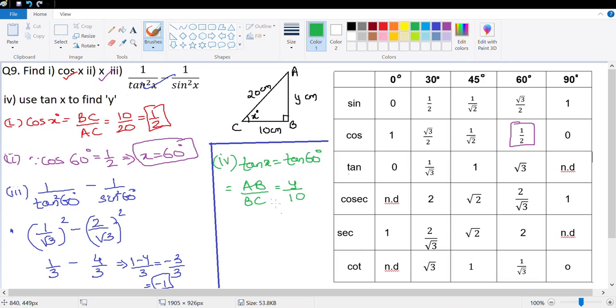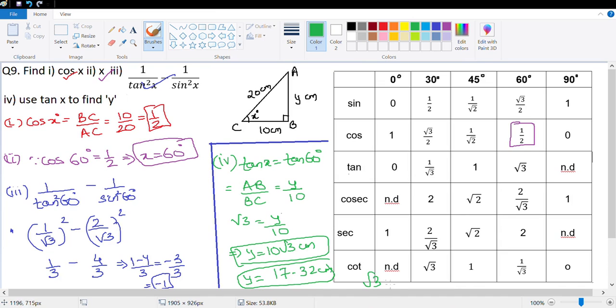Tan 60 degree is equal to root 3. So root 3 is equal to y upon 10, which means y is equal to 10 root 3 centimeter. We can also write this as y is equal to 10 into 1.732, which means 17.32 centimeter. Since we know root 3 is equal to 1.732.